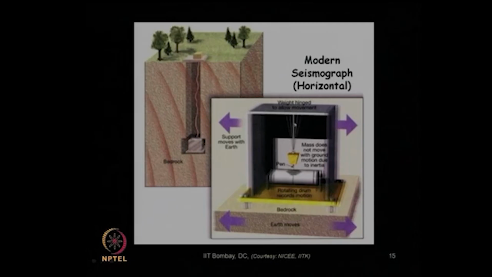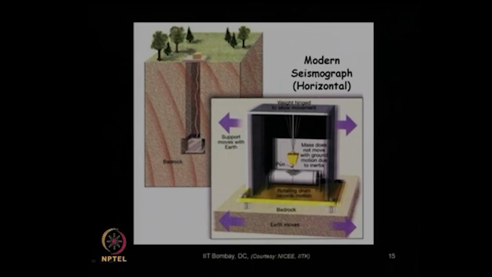That is, from this string a mass is hanging, and at the tip of this mass there is a pen or pencil kind of arrangement, and along this there is a rotating drum, and around this drum there are white papers; this drum can rotate.